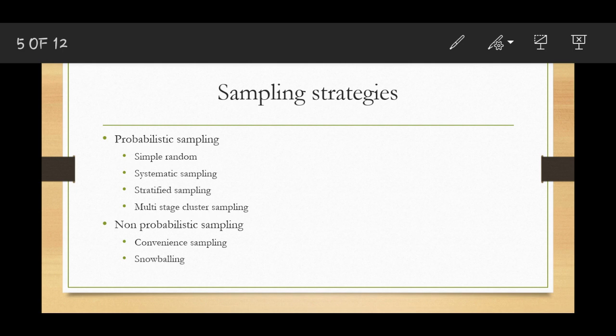Speaking of convenience sampling, the researcher selects participants simply because they are willing and available to be studied. You find some people that can assist you in your study, they are available, then you use them. That kind of study we call convenience sampling.